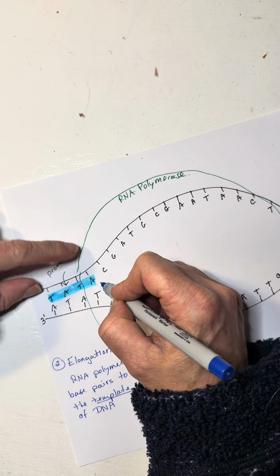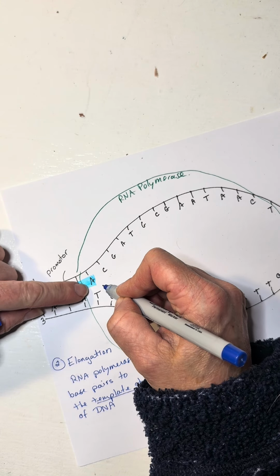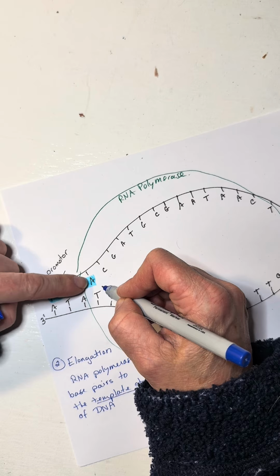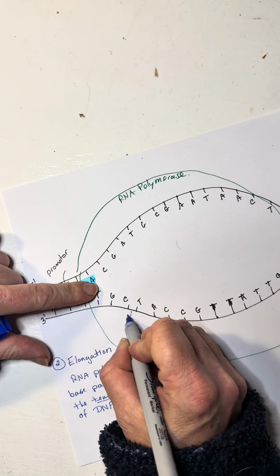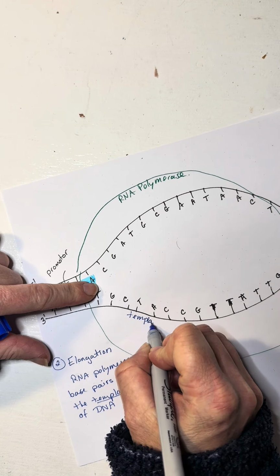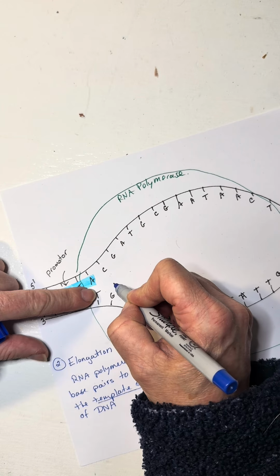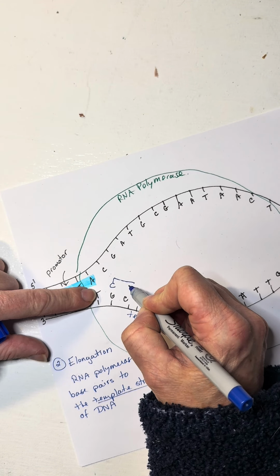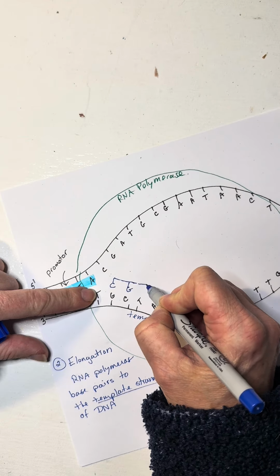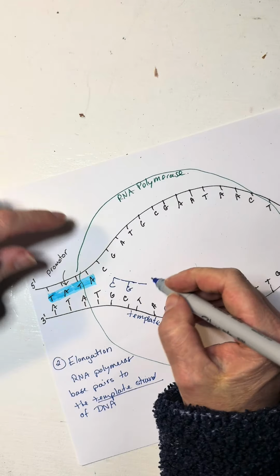But our polymerase is going to start pairing. It starts after the promoter. So if our promoter is TA, it's going to start base pairing to our template strand, which is in this picture the lower strand. It's going to pick up after the promoter and it will start base pairing according to complements. Our T is going to pair with A.